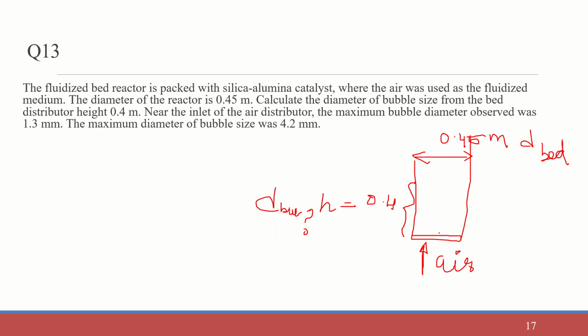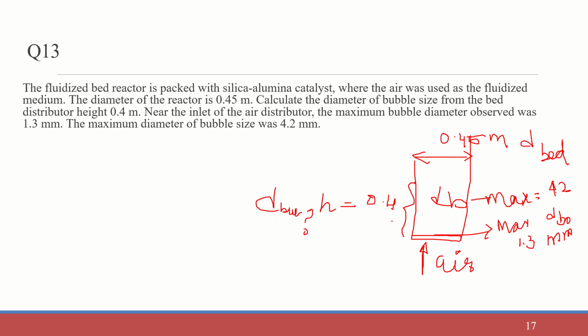Near the inlet of the air distributor, the max bubble diameter is 1.3 mm. So dB naught is 1.3 mm, and the maximum bubble diameter was 4.2 mm. So in general, the maximum bubble diameter dB max is equal to 4.2 mm.